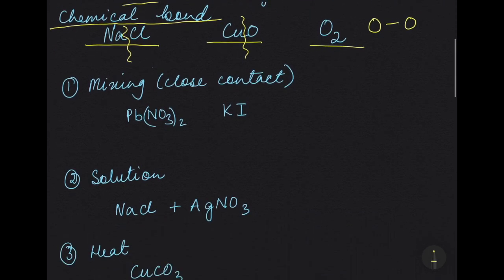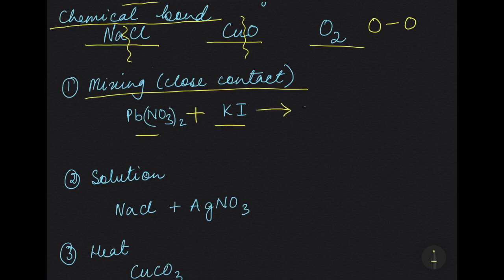Okay. Now, for a chemical change to take place, there are certain conditions which are very, very necessary. The first condition is mixing or close contact. Supposing we take lead nitrate and potassium iodide and keep them separately, no reaction will take place. But if we bring them together, if we mix them, then a reaction will take place.